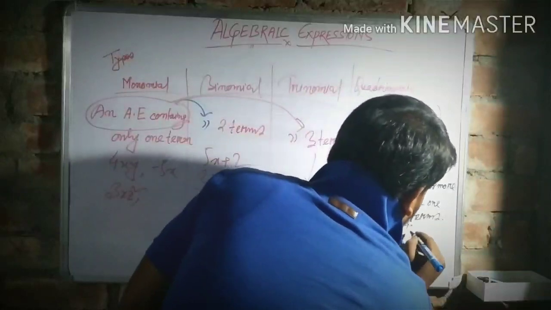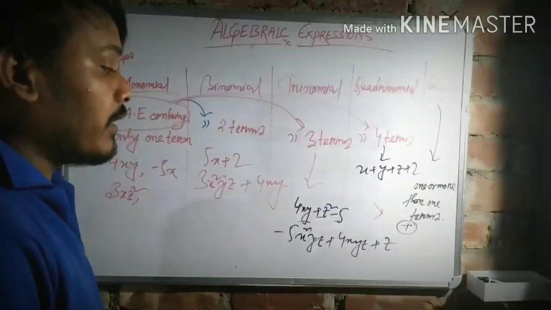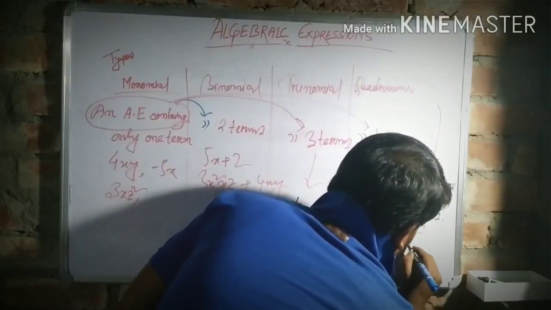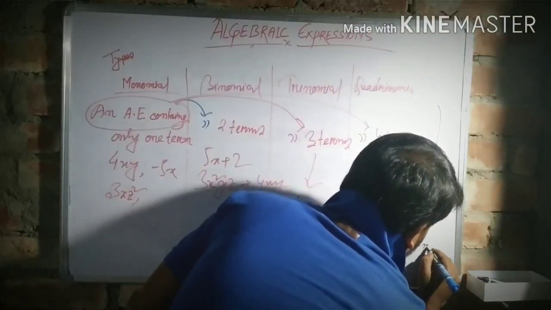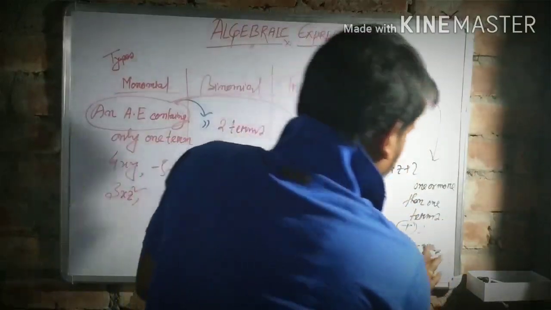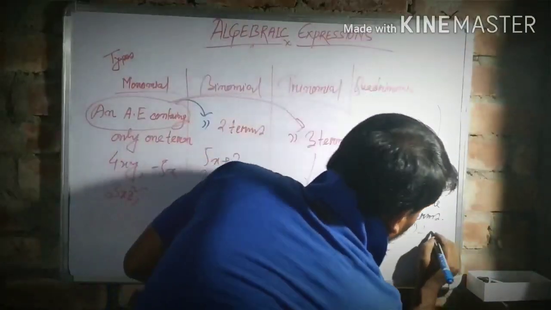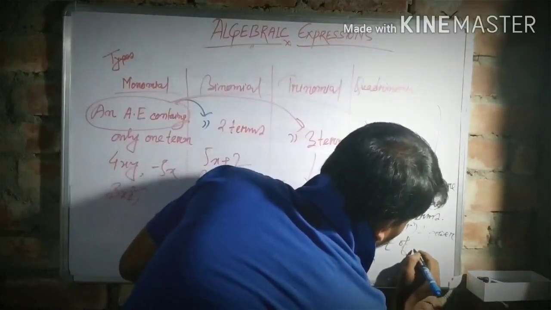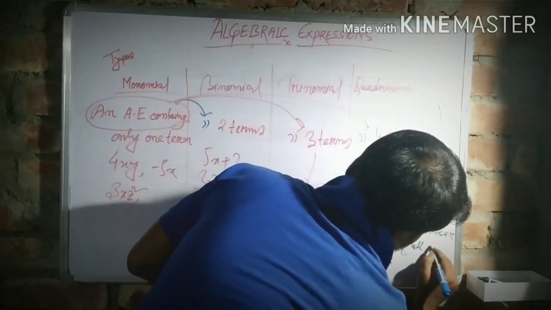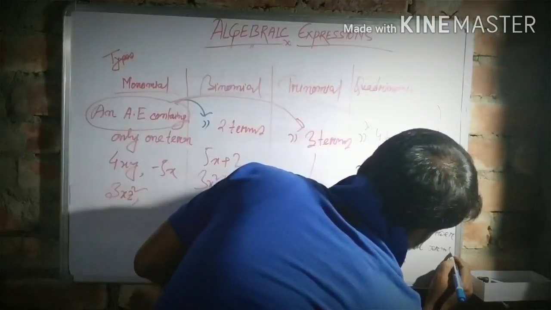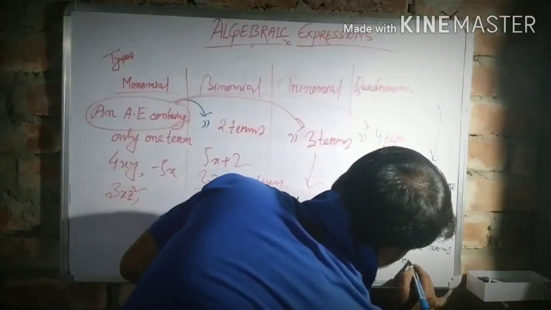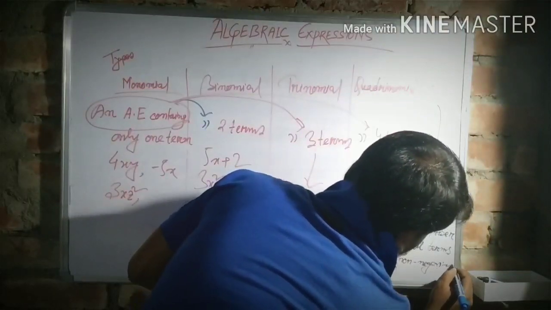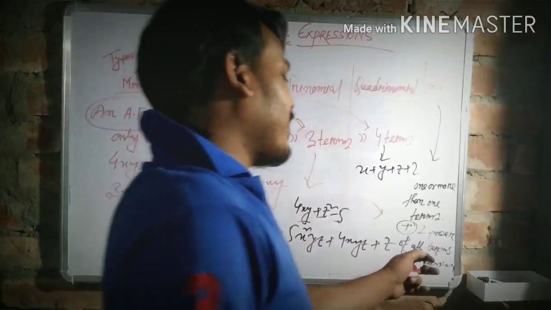But in a polynomial, one extra condition is there: the power of all variables is non-negative.